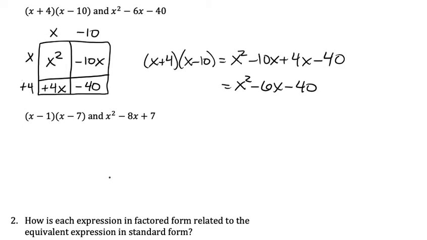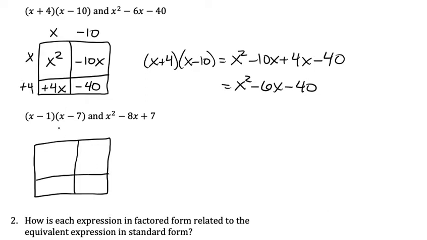And in my third example here, we have x minus 1 times x minus 7. So again, I'm going to label my box with x minus 1 and x minus 7 along the sides, putting the negative signs along with the numbers, the negative 1 and the negative 7.